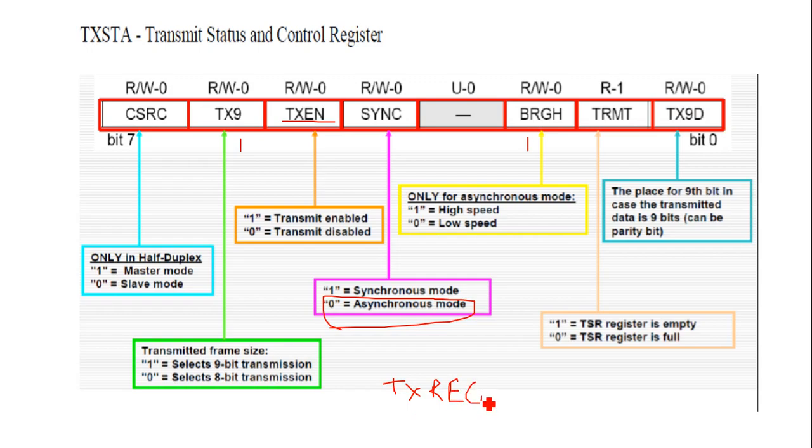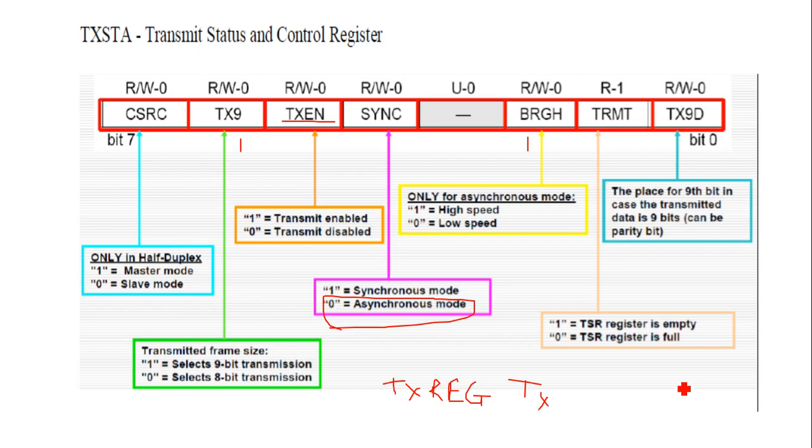The TXREG register is assigned for the TX pin. In an earlier lecture, I explained that each port pin has its own registers. Port pins have 3 registers. What are the 3 registers? LAT, then TRIS, then PORT.